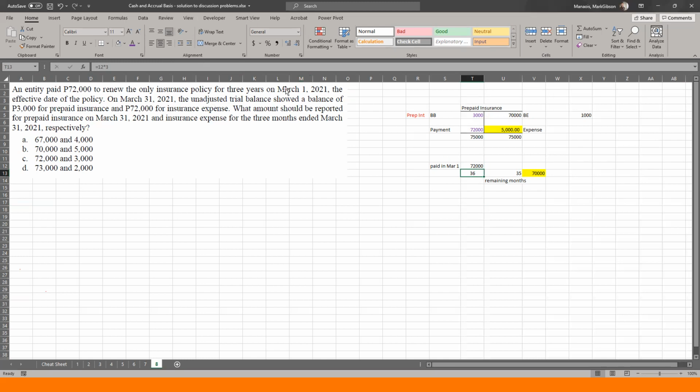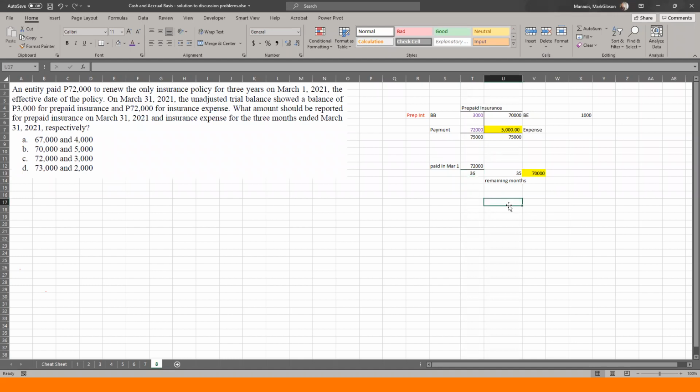The effective date of insurance was March 1, 2021. We are preparing the financial statement on March 31, 2021, so therefore 1 month has lapsed. The shortcut is 72,000 over 36 multiplied by 35 to establish the remaining balance of prepaid insurance.